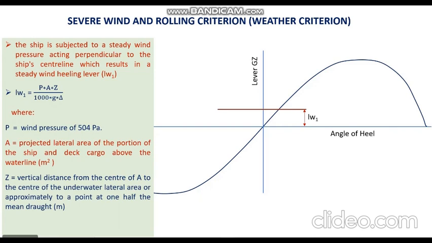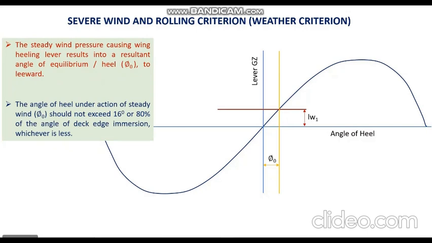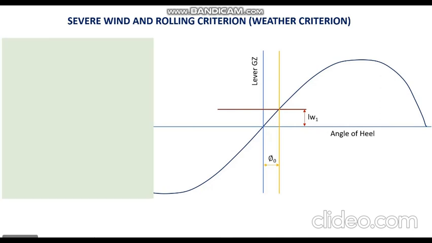Now the angle of heel caused because of the steady wind, phi 0, shall not be greater than 16 degrees or 80% of the angle of deck immersion. Now, from this condition, the vessel rolls into the wind, that is to the windward, under the action of the wave.